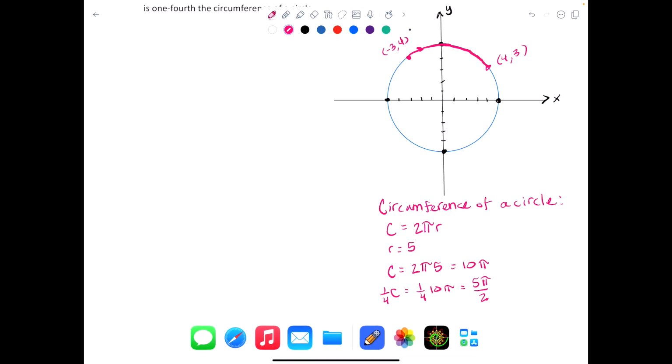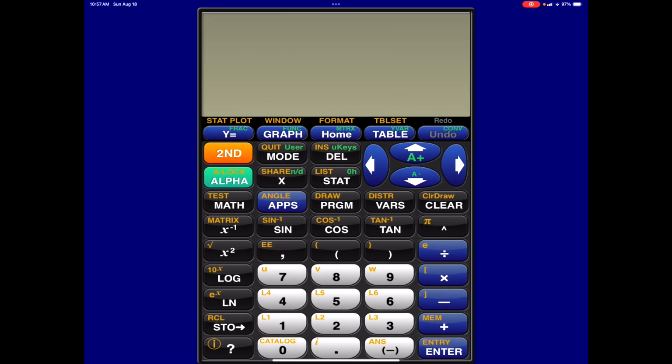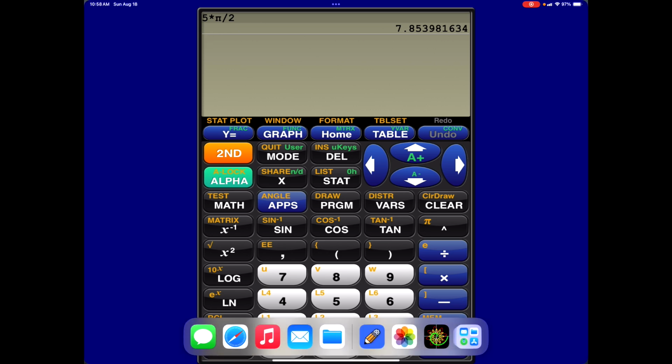Looking at a calculator, 5 times pi divided by 2 is approximately 7.8540.